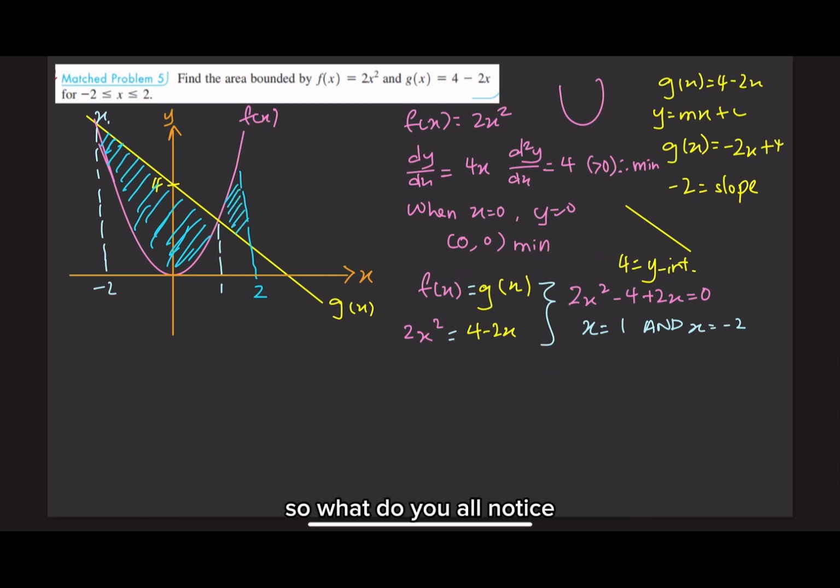So what you will notice is that for x equals negative 2 to x equals 1, our upper function is going to be g of x, and our lower function is going to be f of x.